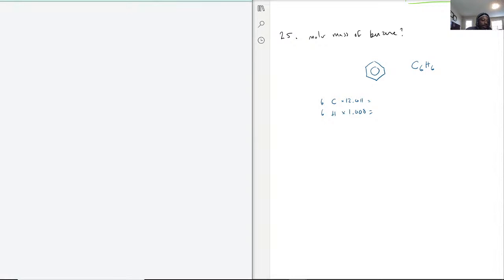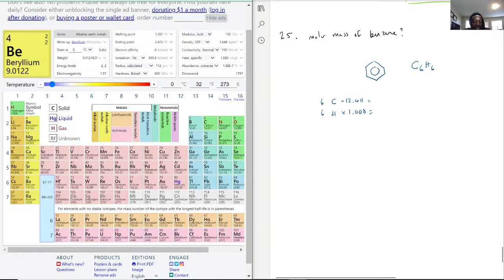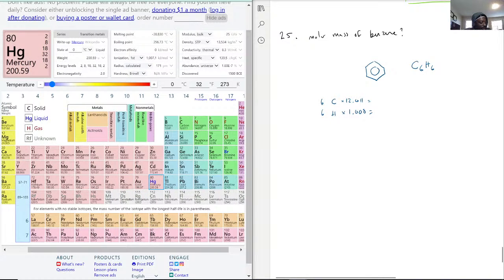I know 12.011 because I've done carbon quite a bit, so I'm getting used to those numbers. 12.011 times 6 is 72.066. And then 6 times 1.008 is about 6.048. And then we add those two.